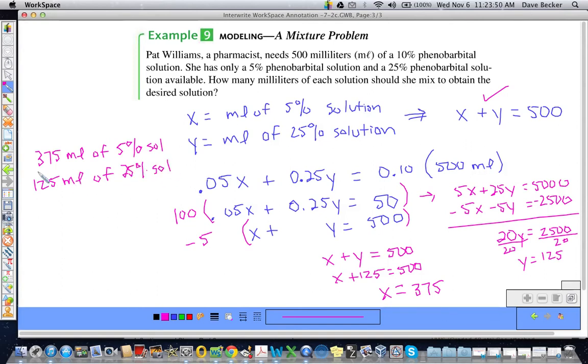And this makes sense. There's a lot more of the 5% solution to combine with the 25% solution because we're trying to get to 10%. So there should be a lot more of the lesser solution. Okay, that is it, and I am out.